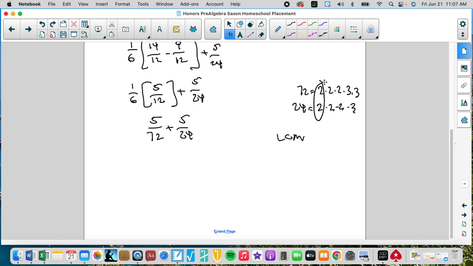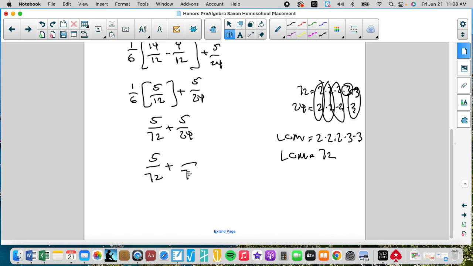They have a 2 in common. They have another 2 and another 2 and a 3. So they have a 2, a 2, a 2, and a 3, and then a leftover of a 3. So that's 8 times 9, which is 72. So the LCM is 72, so that's not going to change. And then 72, so 24 times 3, so we're going to find an equivalency, 5, 20, 24, 72, so that's times 3 is 15.